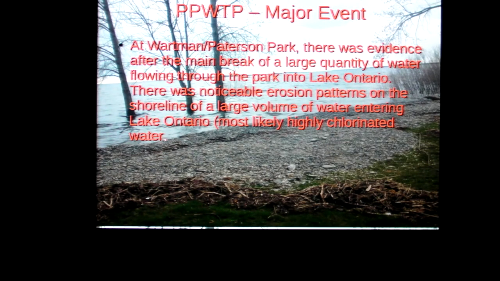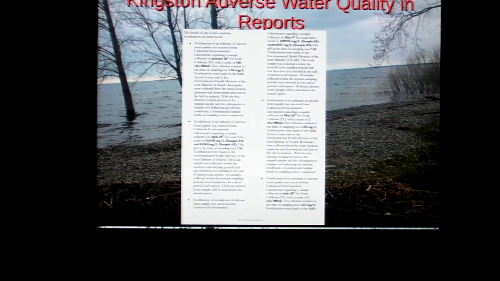And most likely this was highly chlorinated water, right? They have their water leaving the plant at sometimes 3.5 milligrams per liter. Like, this is getting close to bleach levels, almost. So, very high chlorine levels at times. So if that was going right directly to the lake, that was very bad for aquatic wildlife.